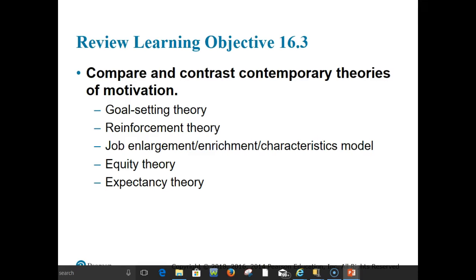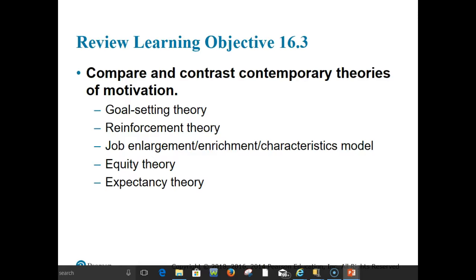So in review of our third learning objective, goal setting theory says that specific goals increase performance, and difficult goals, when accepted, result in higher performance than easy goals. Important points in goal setting theory include intention to work towards a goal as a major source of job motivation, specific hard goals that produce higher levels of output than generalized goals, and participation in setting goals as preferred to assigning goals, but not always.